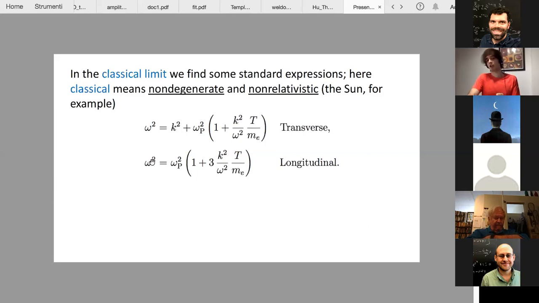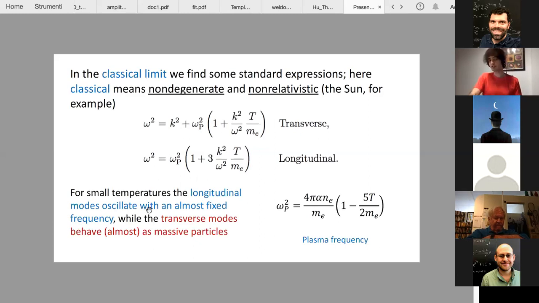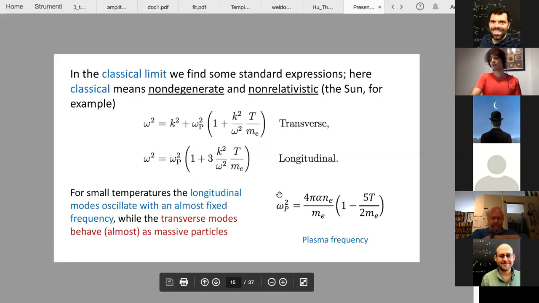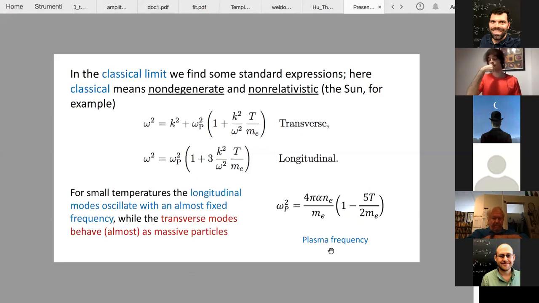At lowest order, essentially, the longitudinal mode is just oscillating with an almost fixed frequency, okay? And this frequency is the plasma frequency, as I said, and is related to the density of the plasma, which I will say in the following.